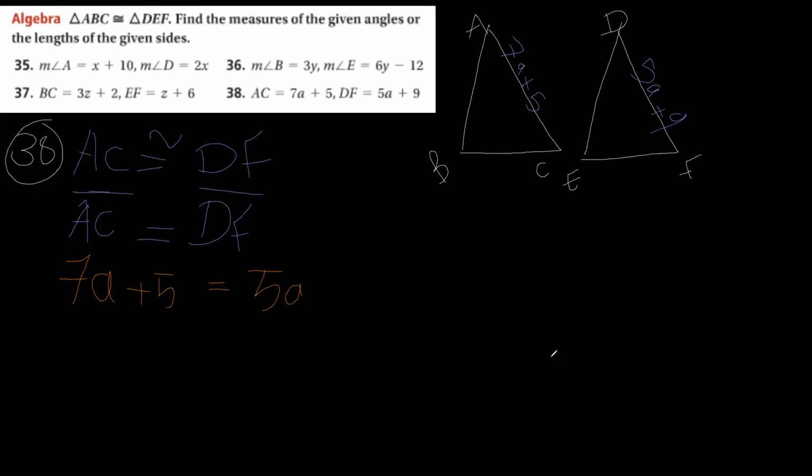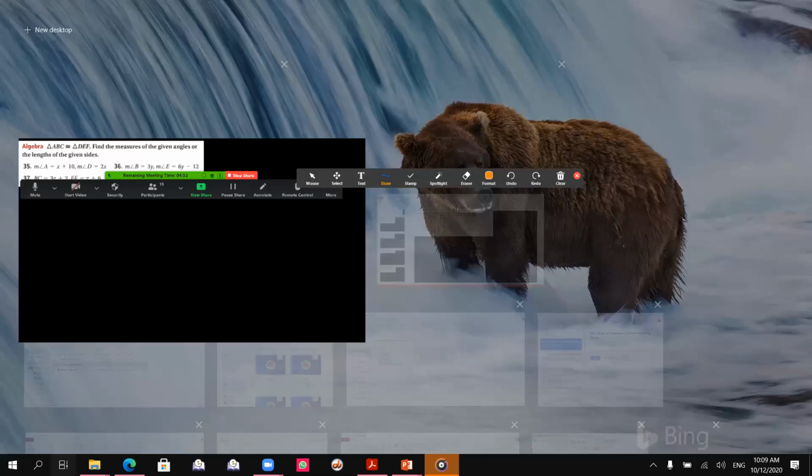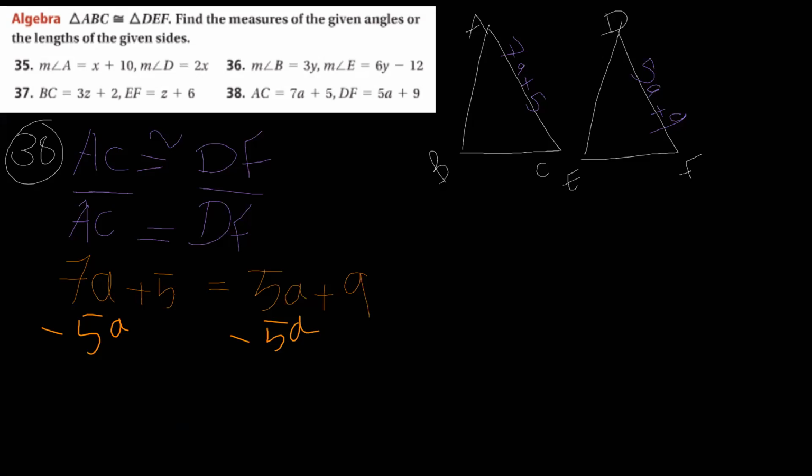It's 5A plus 9. Then it comes like an equation. Minus 5A minus 5A, you will have 2A plus 5 equal 9.